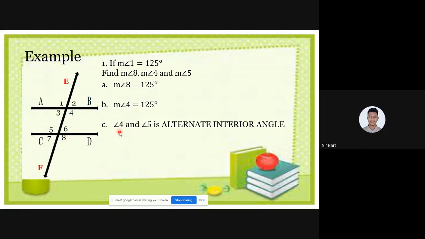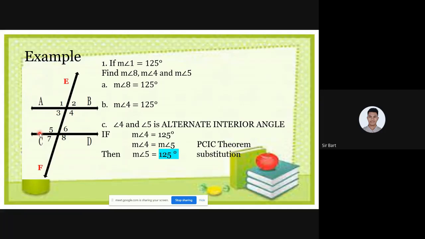Angle 4 and angle 5 are alternate interior angles. If the measure of angle 4 is equal to 125 degrees, by the alternate interior angles theorem, the measure of angle 4 is equal to the measure of angle 5. Then, the measure of angle 5 is equal to 125 degrees by substitution.